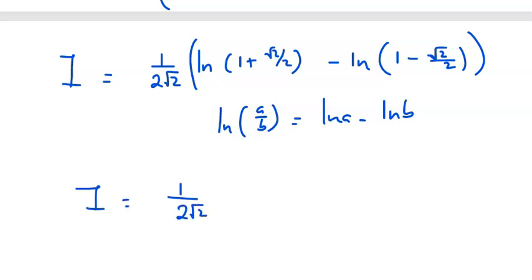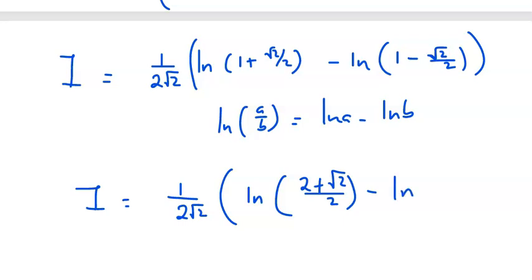So this 2 root 2, and we have the natural log of 2 plus root 2, then divided by 2, and then minus the natural log of 2 minus root 2 divided by 2.